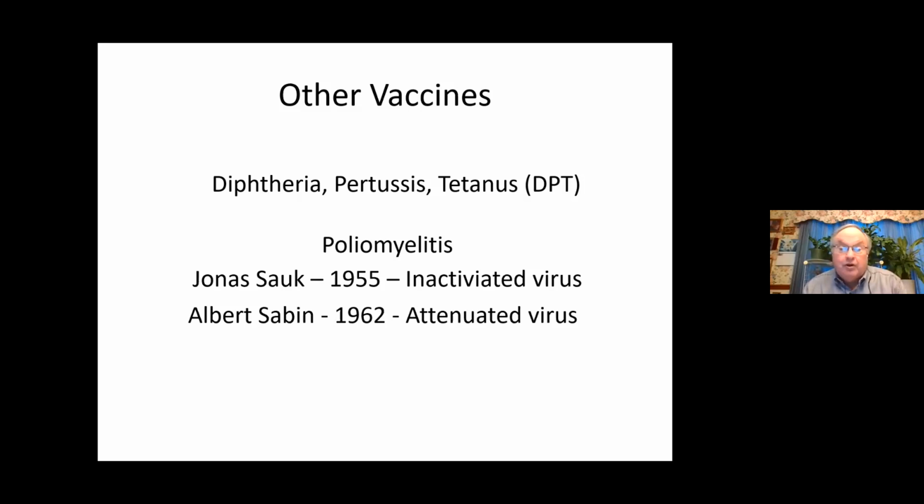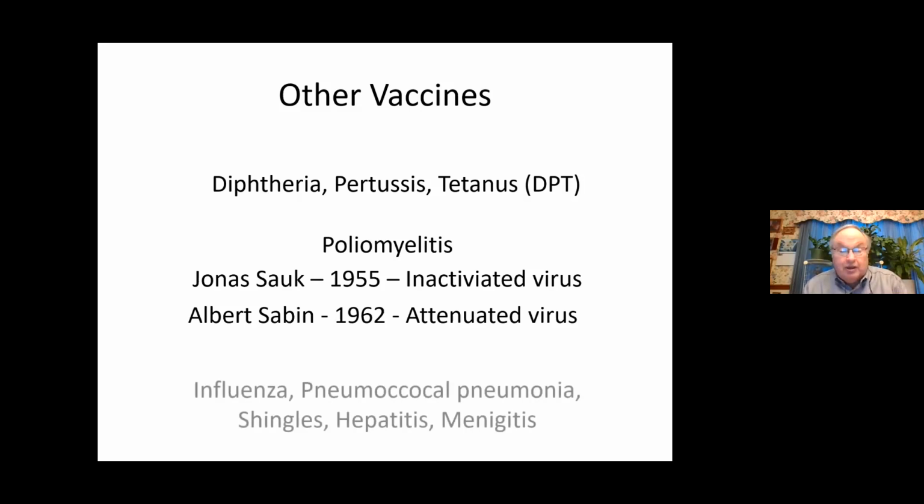They only can grow in actual living cells because they don't have any of the chemical machinery that allows them to reproduce or to produce proteins that make up their shell, and they have to basically hijack the chemical machinery that cells have within themselves to do their own work and take that over to make more copies of themselves and reproduce.